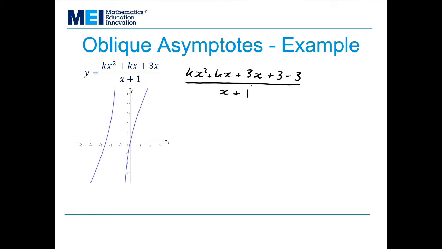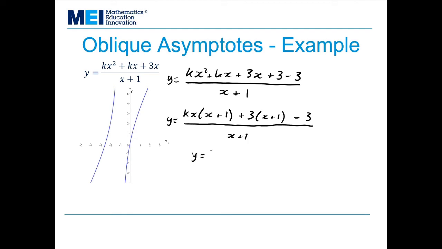And now I can factorise this. So I get kx times x plus 1, that gives me my kx squared plus kx, plus 3 times x plus 1, which gives me my 3x plus 3, and then the minus 3 on the end, and then I can divide all of that by x plus 1. I should say that this is y equals here.